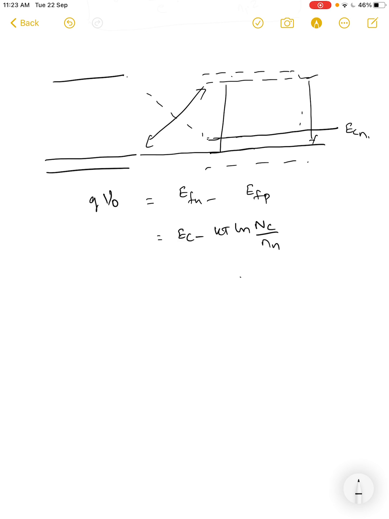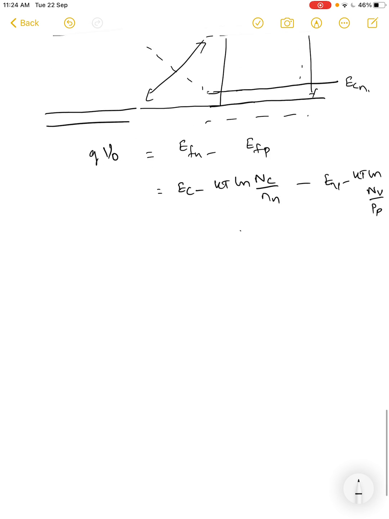Similarly, EFP can be written as EV minus KT ln NV by PP. PP is the hole density in the p type, Nn is the electron density in the n type. You know from these expressions from our previous calculations, right? And EC minus EV is the energy gap minus KT ln NC into NV by Nn into PP, right?